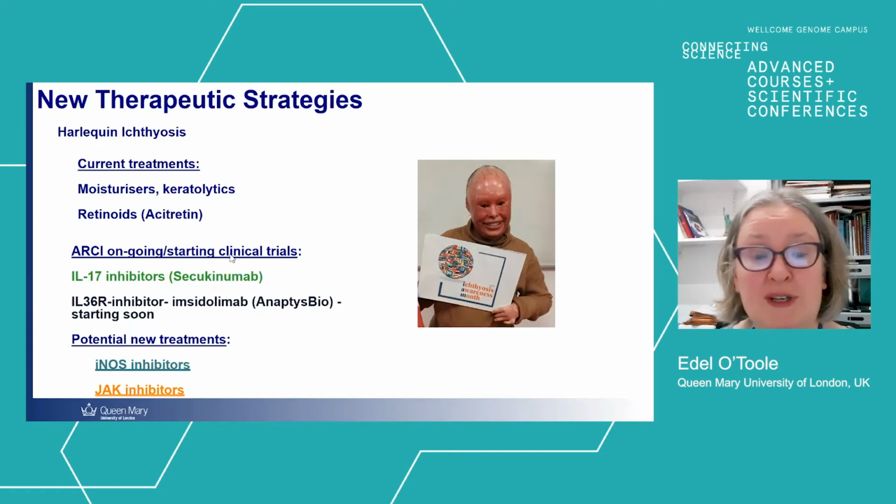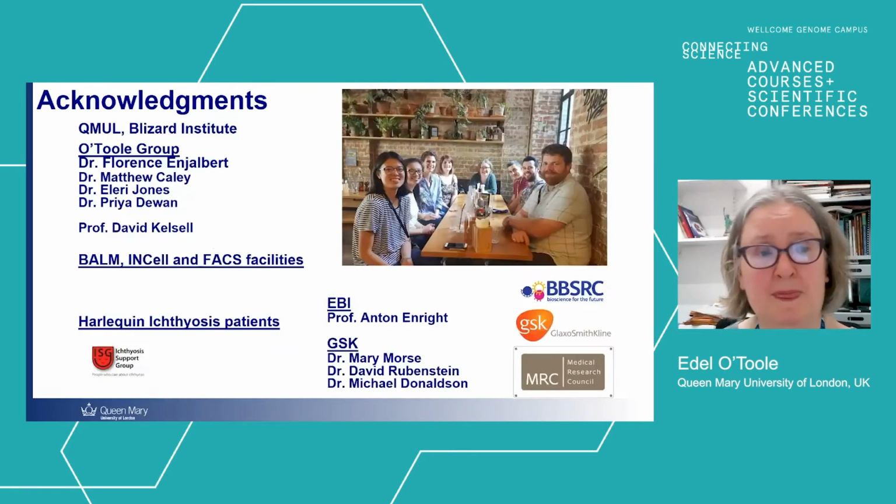There are some ongoing trials in ARCI. So there's a trial ongoing in the US of secukinumab, which is an IL-17 inhibitor. And there is a trial starting of an IL-36 receptor inhibitor by a small company in the US starting soon. So iNOS inhibitors and JAK inhibitors are also potential new treatments for severe ichthyosis.